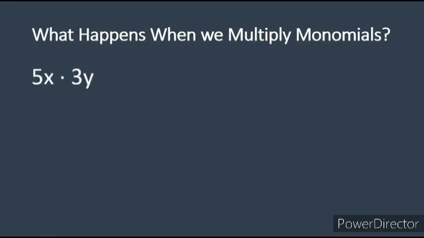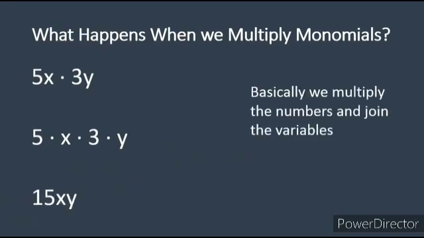When we multiply the monomial by monomial, what product you will get, children? Here the two algebraic terms are monomial, 5x and 3y. If I do the multiplication, 5 into x into 3 into y, in the first step we need to do the multiplication of numbers. 5 threes are 15 and then do the multiplication of variables x and y.